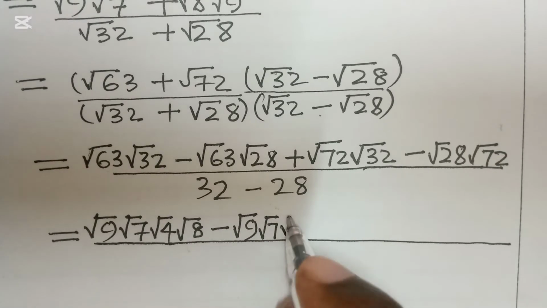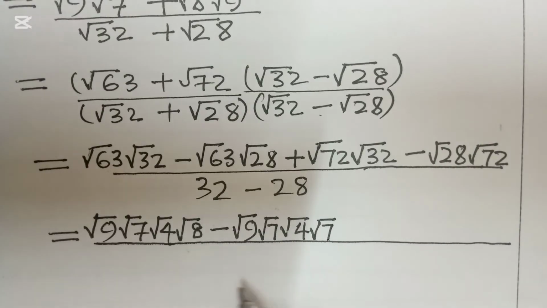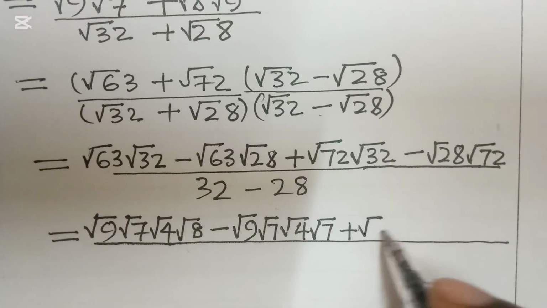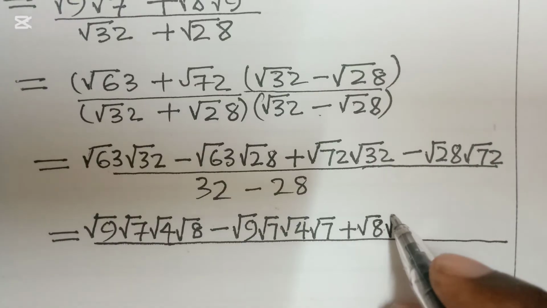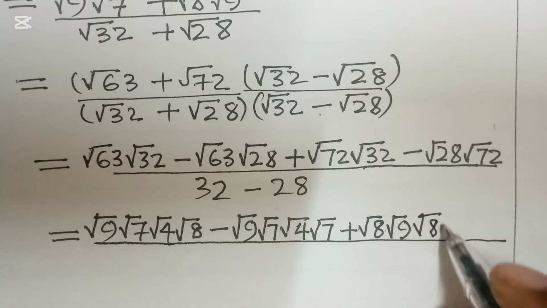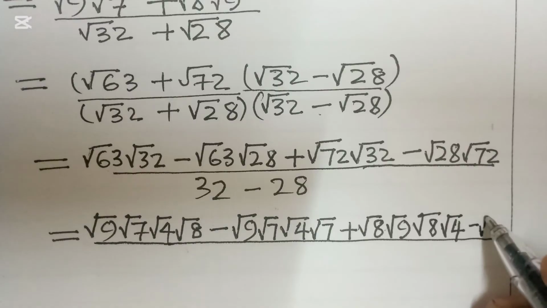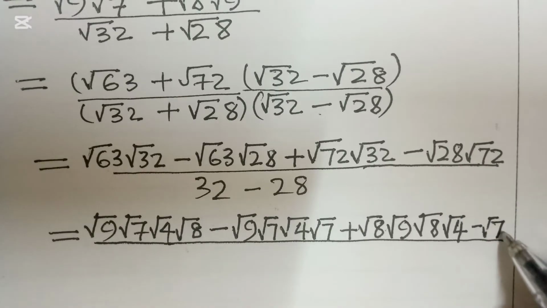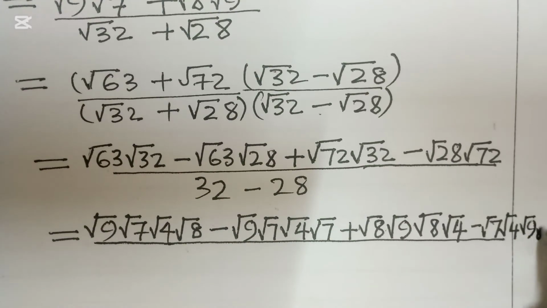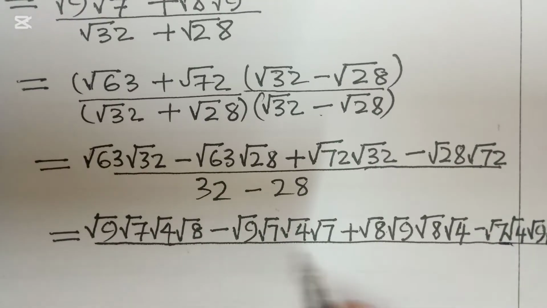For 28 it is square root of 4, square root of 7, like that. We go to 72: square root of 8, square root of 9. And for 32, square root of 8, square root of 4. Finally, we have minus square root of 7, square root of 4, square root of 9, square root of 8. Guys, now we can check the numbers that are similar.